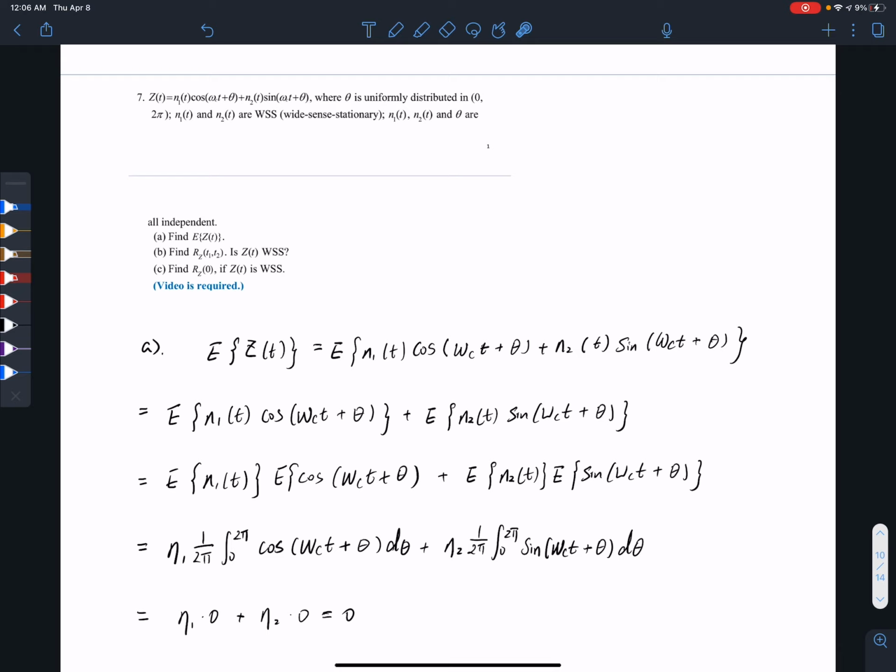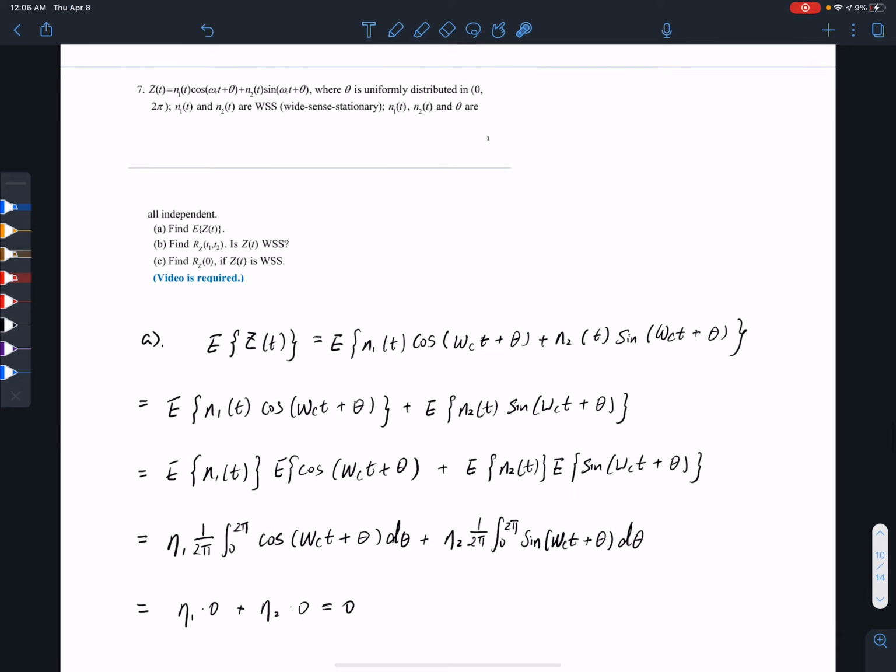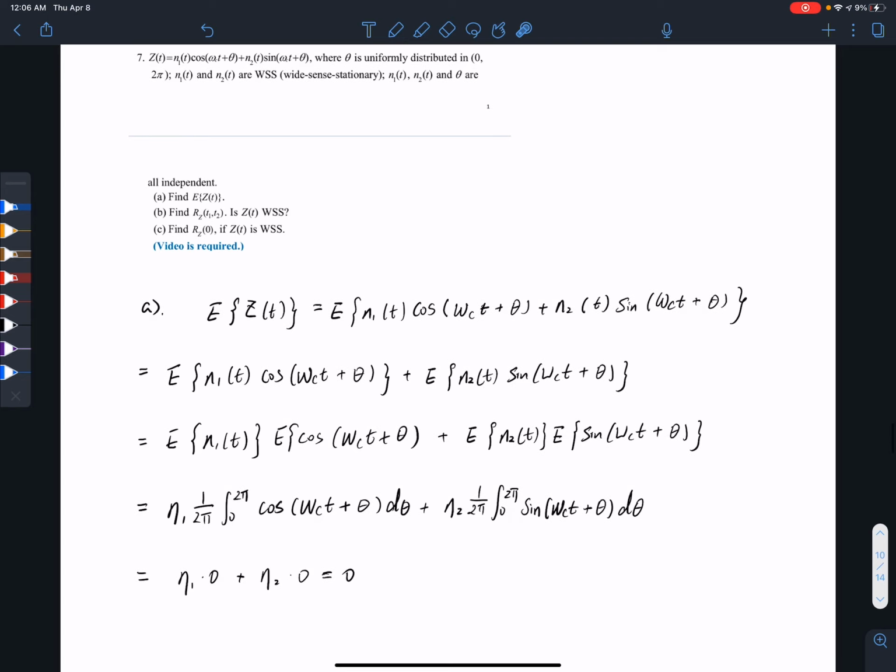Since N1(t), N2(t), and zeta are all independent, and it's a sum, we can separate it into two parts: the expected value of N1(t) times cosine(omega t plus zeta), and the expected value of N2(t) times sine(omega t plus zeta). Since they are independent, we can separate them here.